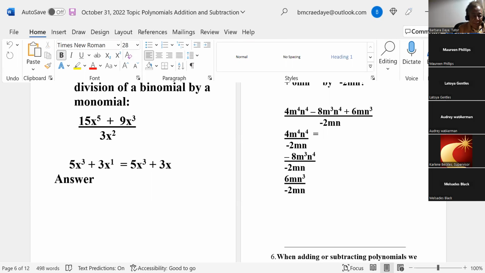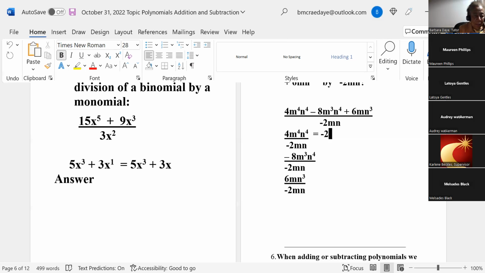Plus or minus? Plus. Plus divided by minus, let me look at my notes. Unlike signs, divide, give minus. Okay, minus, and what's the coefficient? 4 divided by 2 is 2. All right, now let's go to exponents.